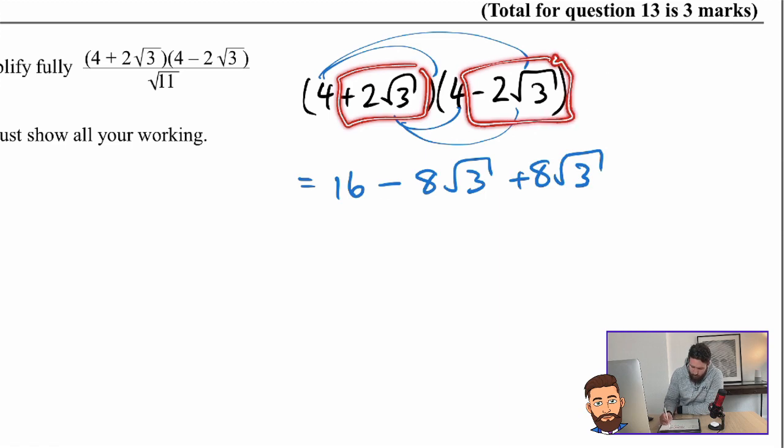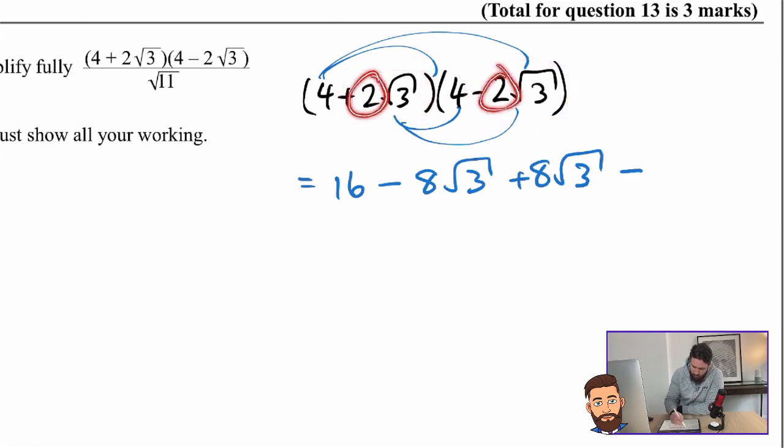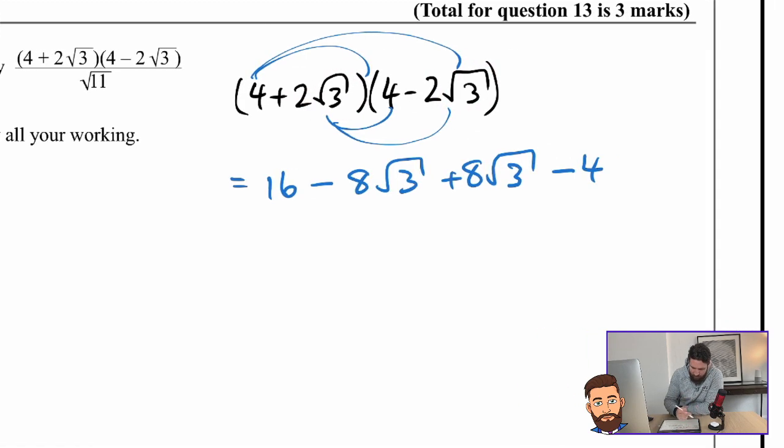We've got a minus and a plus, that's a minus. We've got a 2 times a 2 is a 4. And then we've got a root 3 times a root 3. Well, we know the whole part of this lesson was about the same surd times together will give me just 3. All over root 11 still.